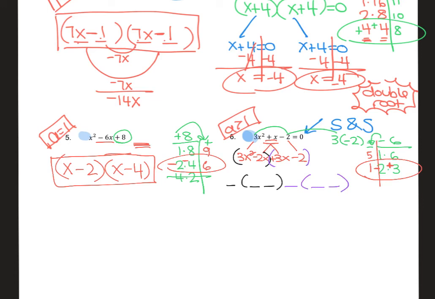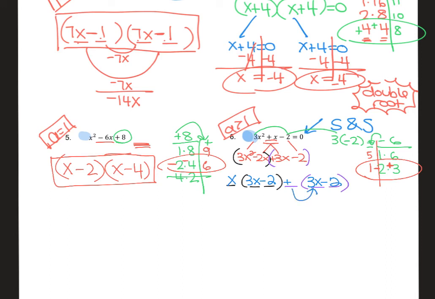And then we're going to place our numbers. So our GCF of the first set of parentheses is x, and then we get 3x minus 2. Our GCF of the second is, well, we have a plus here, but we can place our second parenthesis. It should match our first, so 3x minus 2.